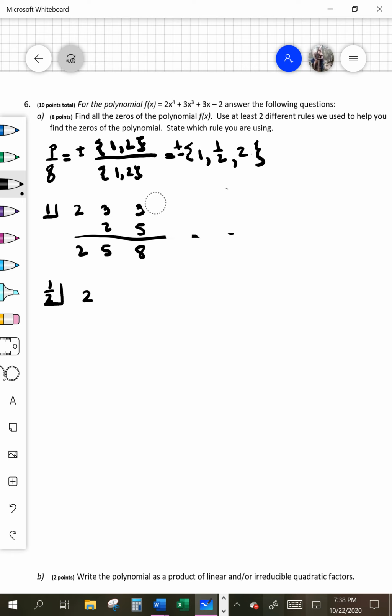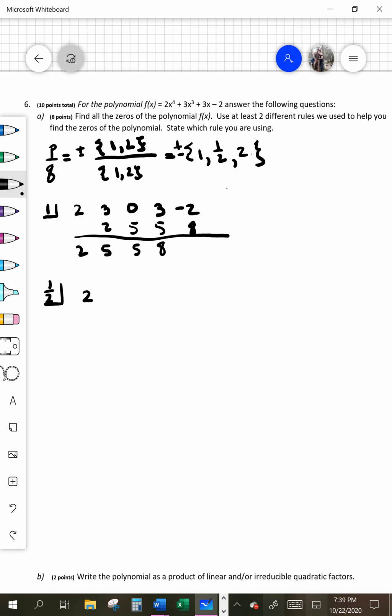But the 0 is going to be 3x cubed plus 0x squared plus 3x minus 2. Okay, so bring down our 2. 1 times 2 is 2. 3 plus 2 is 5. 1 times 5 is 5. 0 plus 5 is 5. 1 times 5 is 5. 3 plus 5 is 8. 1 times 8 is 8.